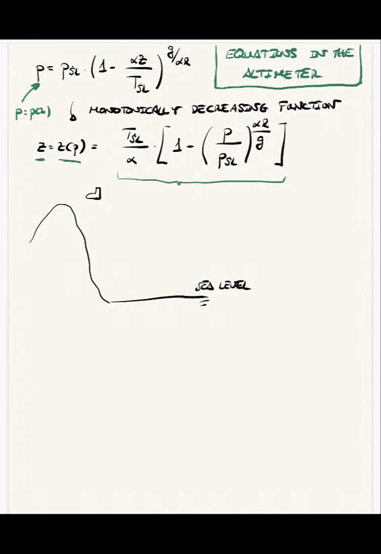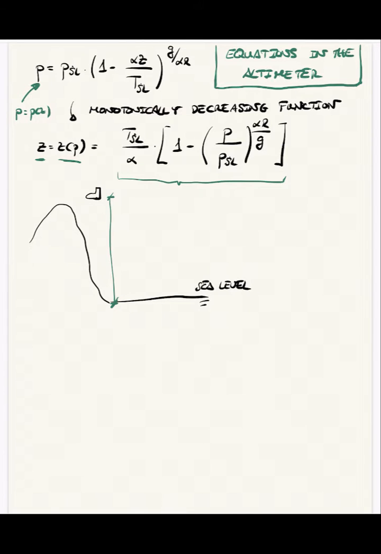And this could be great if the atmosphere were always the standard, and it could be great if we were always interested in retrieving our vertical position with respect to sea level. But this is not always going to be the case, so we have to come up with a system that lets us have different vertical position solutions, being all of them obviously valid.